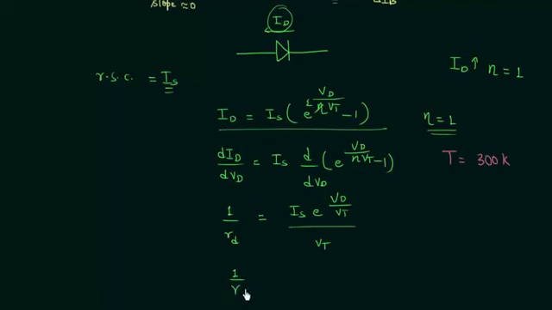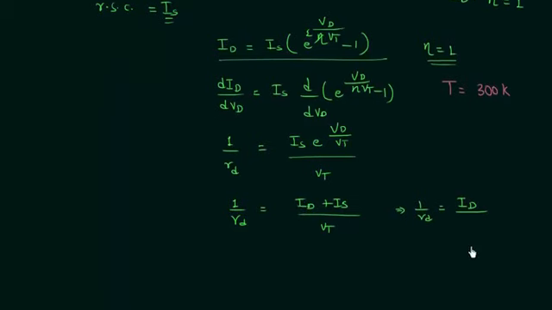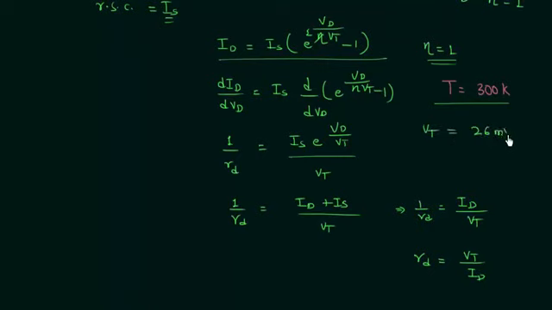So we have 1 by RD equal to ID plus IS divided by VT, or we can say 1 by RD is equal to ID divided by VT, because IS is very small as compared to ID, so we can neglect the reverse saturation current. So finally we have 1 by RD equal to ID by VT, or we can say RD is equal to VT by ID, and at room temperature VT, the volts equivalent of temperature, is equal to 26 millivolts.